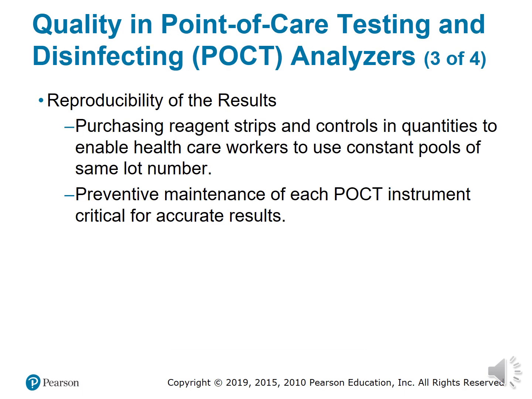Quality in point of care testing and disinfecting POCT analyzers. Reproducibility of the results: when purchasing reagent strips and controls, buy quantities that enable healthcare workers to use constant pools of the same lot number.